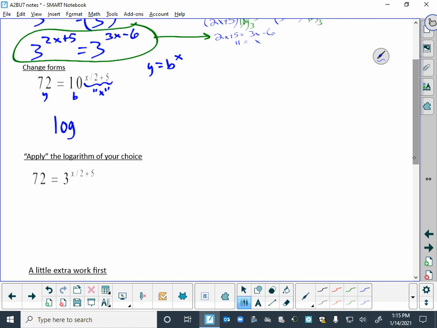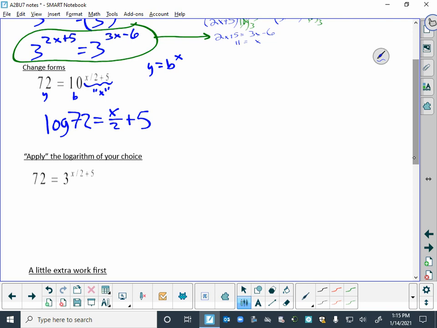This will be that the log base b of y is equal to x over 2 plus 5. Or not log base b of y, sorry, my y is 72, so it's log of 72 is equal to that.